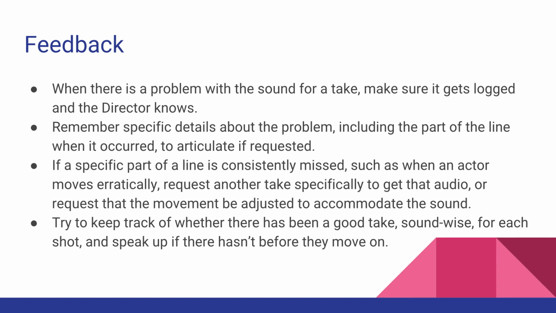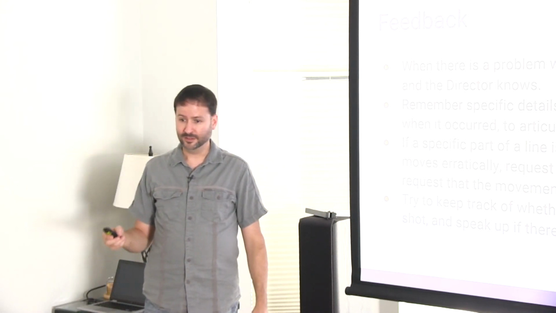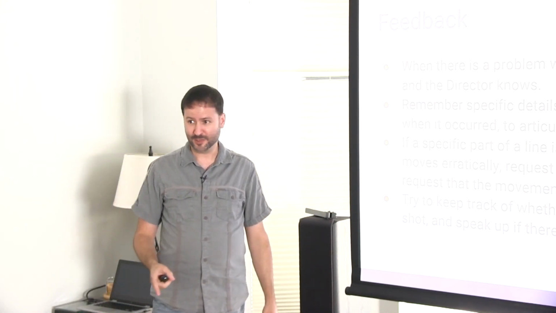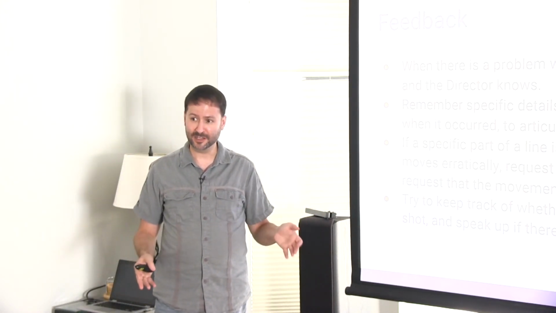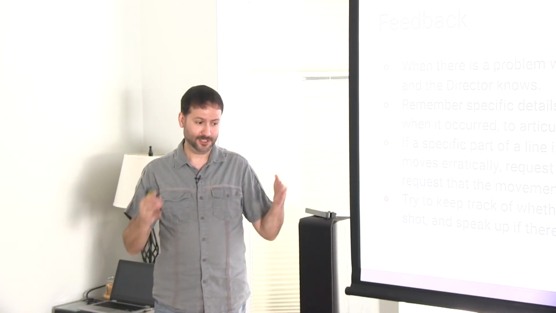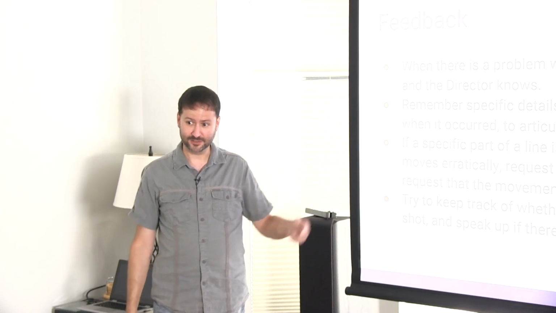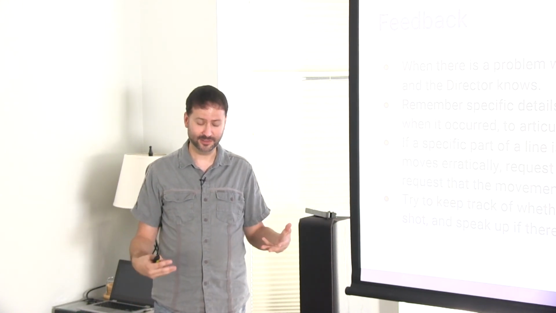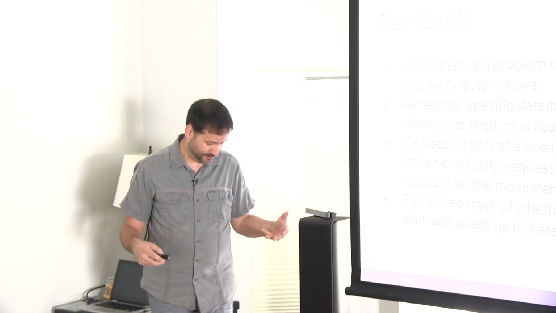Okay, so this is all about speaking up when there are issues, basically. The director's sitting behind the monitor. He's watching the take. He has a pretty good idea that he likes what he saw, and he was listening directly to the actors, so he knows that he likes what he heard. But that doesn't mean that the audio recording was good.